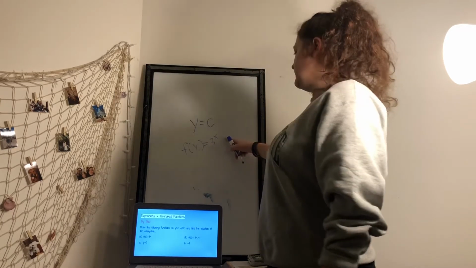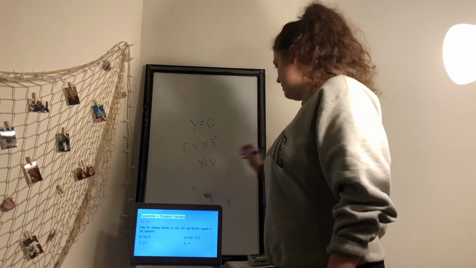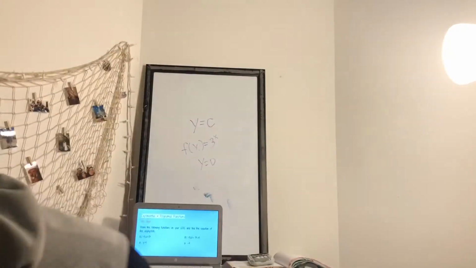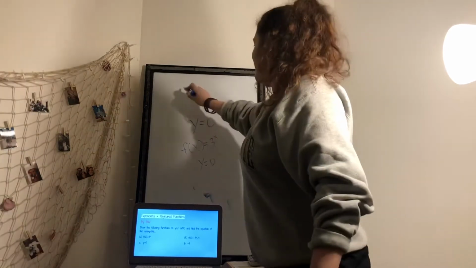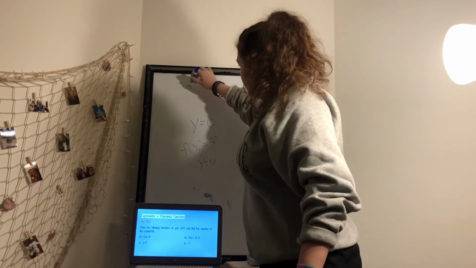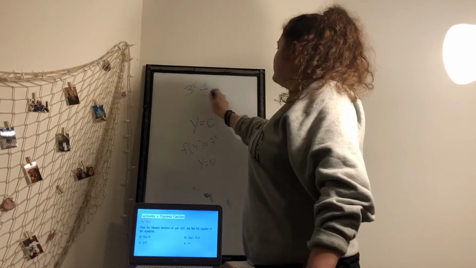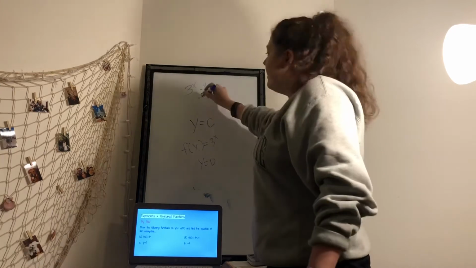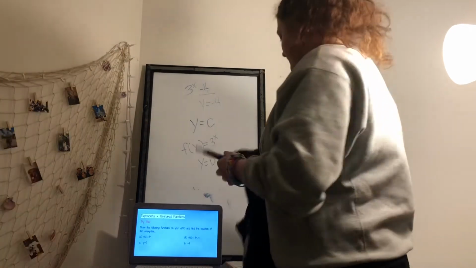And as you can see, c is 0 because there's nothing written there, so the asymptote would just be 0. The next equation is 3 to the x minus 4, and this is c, and so that would be the asymptote because y equals c. So the asymptote for this one is negative 4, and that's your answer to B.